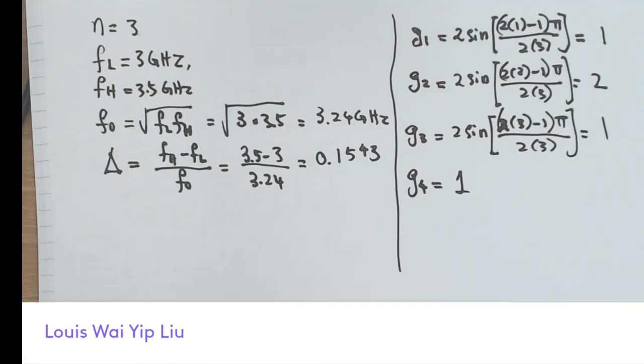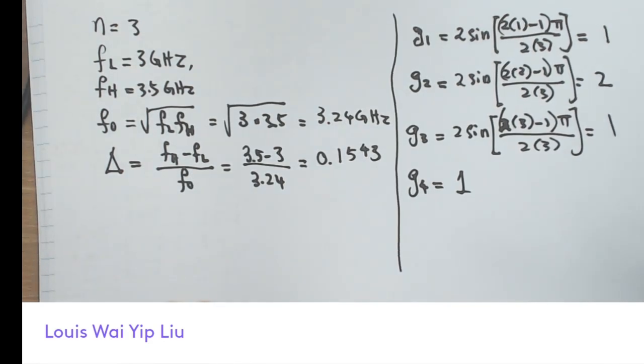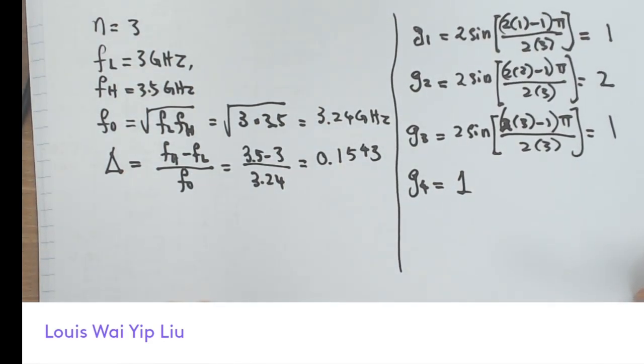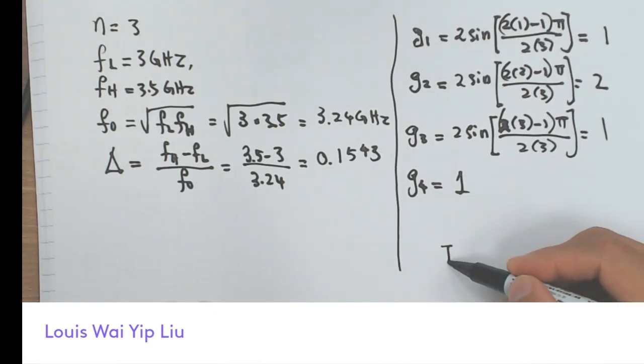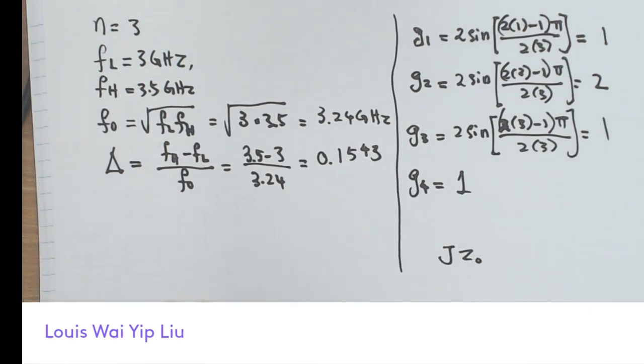So basically we have all the g values, and the next thing that we are going to do is to work out the J over Z0 value, the inversion parameter.